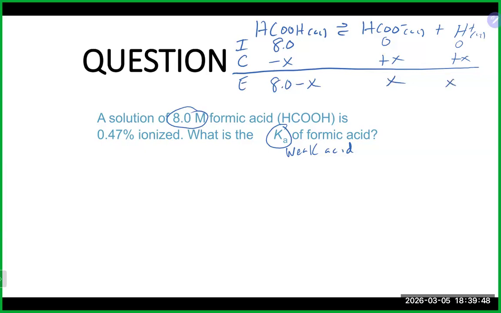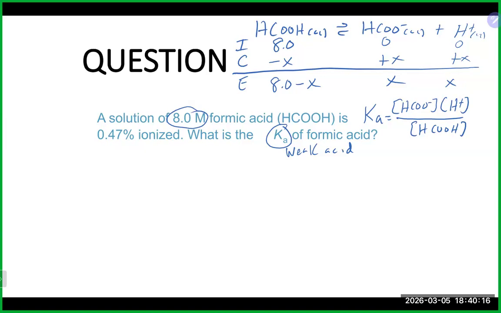So if we were just working this weak acid problem like normal, we would roll through this. We would also write our Ka expression, which would be the concentration of formate times H plus over the formic acid in this case. Now, normally what we would do at this point is throw everything in the equilibrium line into our expression and solve for x.